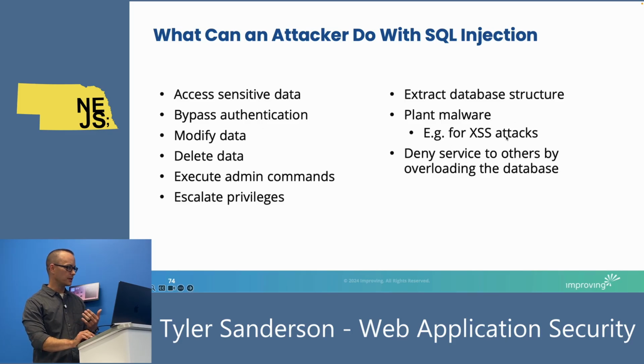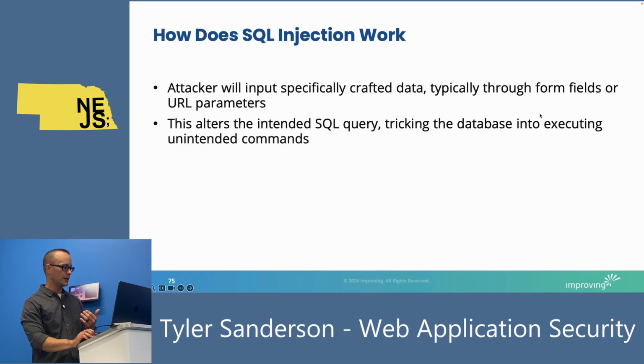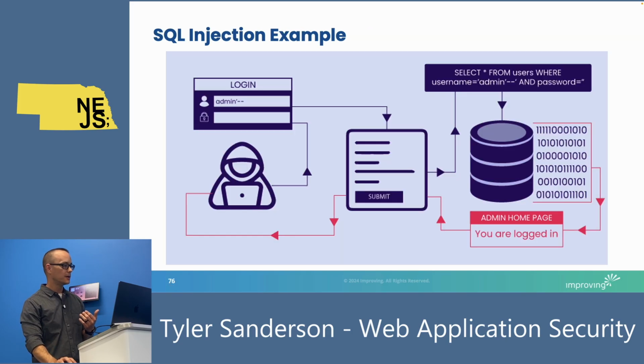So how it works, there's a lot of different examples of this. I'm going to show a pretty simple one, but imagine this is a login form, and here's the query that's using the username and password here. So here's the query. Select from users where username equals the username supplied value and password equals the password supplied value. Well, in this case, the user supplied a value ending in a quote, so then it comments out the rest of the query.